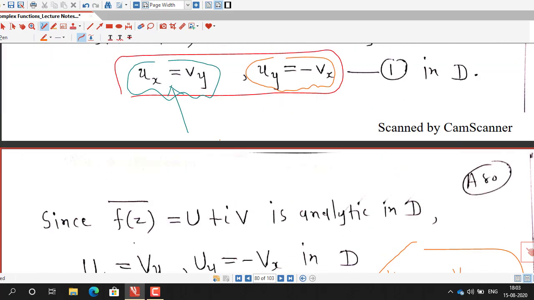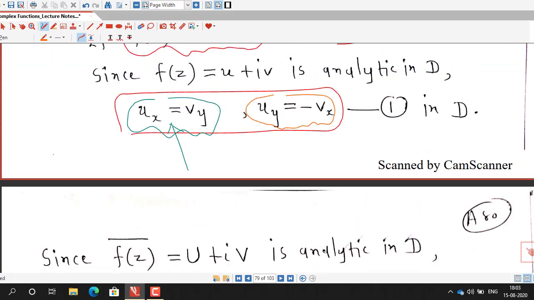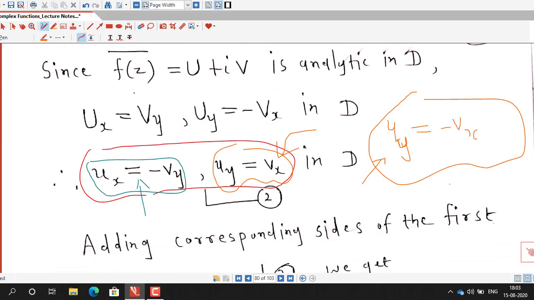So if we take difference, that is, if I consider instead of this, that is also another way. Now suppose I rewrite this as del v by del x equal to minus del u by del y, and if I take the difference in this way, first if I consider this equation in this form with negative sign with vx, and if I take the difference, then I will obtain 2 into del v by del x equal to 0.